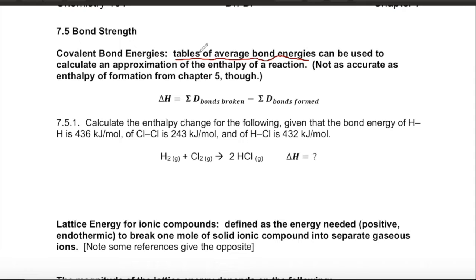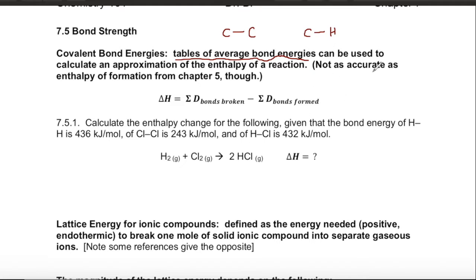So the average bond energy that's involved in a carbon-carbon single bond, for example, or a carbon-hydrogen single bond, these average energies have been tabulated, and you can look at a reaction, see which bonds are being broken and which bonds are being formed, and follow this procedure to get an approximate enthalpy of the transformation.